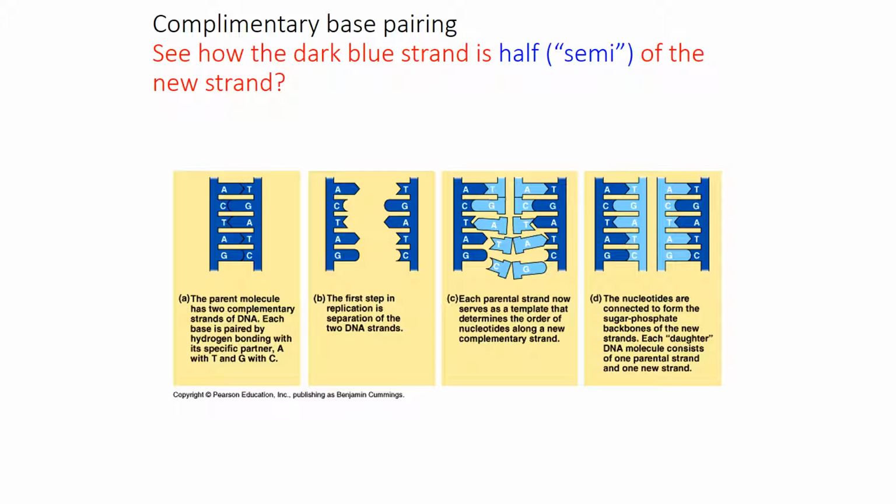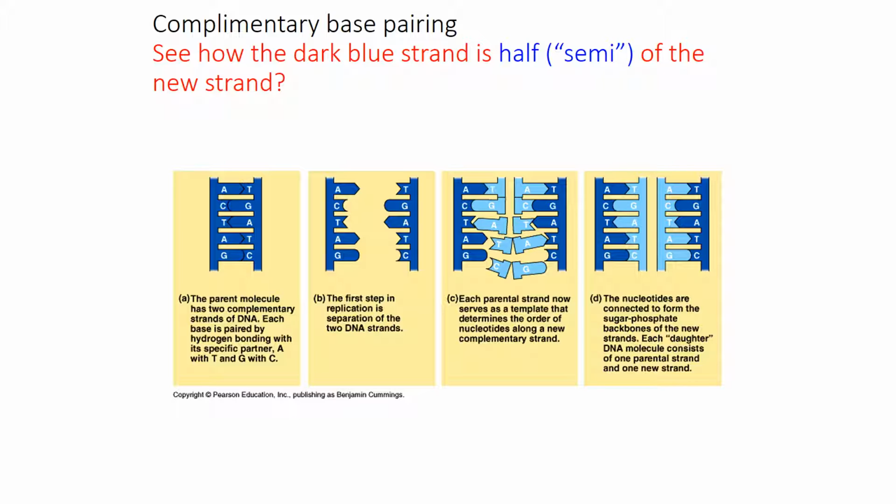Okay, so again, structure determines function. If you take a DNA and you split the DNA down the middle, so you now have two strands of the DNA, each strand acts as a template for building a new strand. So looking at this particular picture here, you can see we're starting off with the DNA, which is dark blue. The first step in replication is to separate those strands.